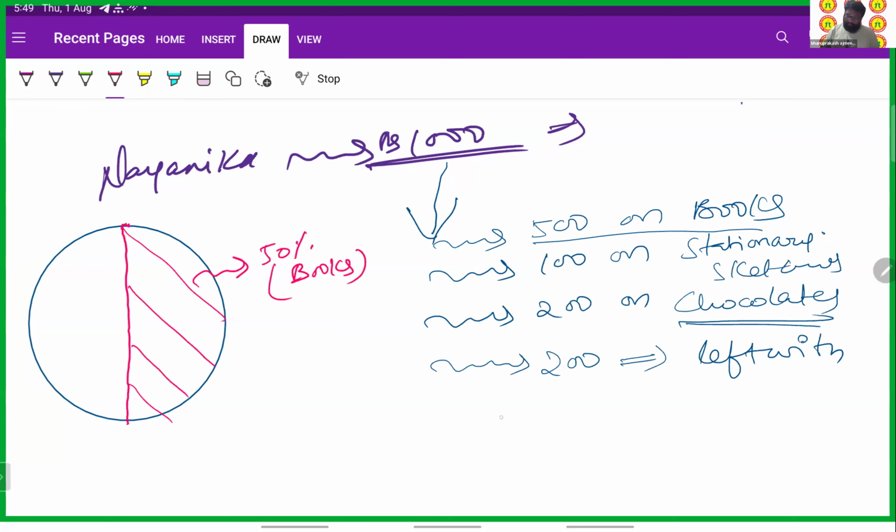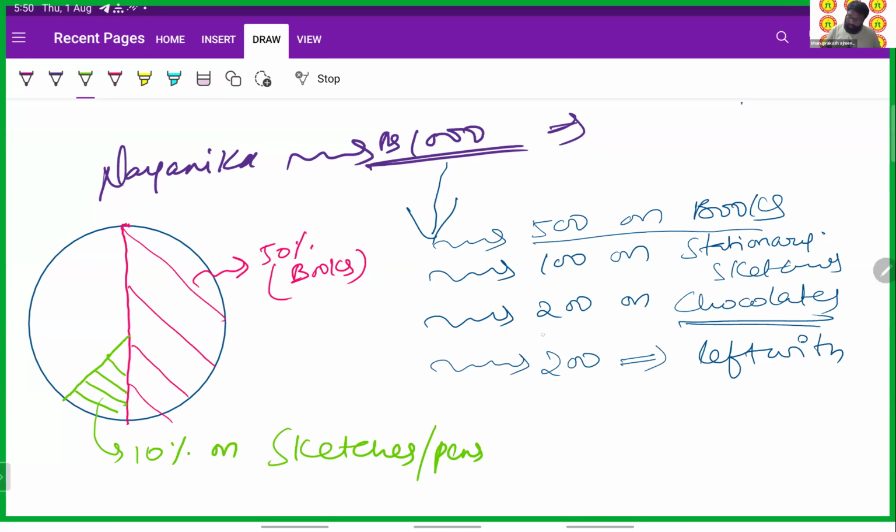Next, 100 rupees on stationery. That is 10%, which should be very small, like sketches or pens, normal stationery.